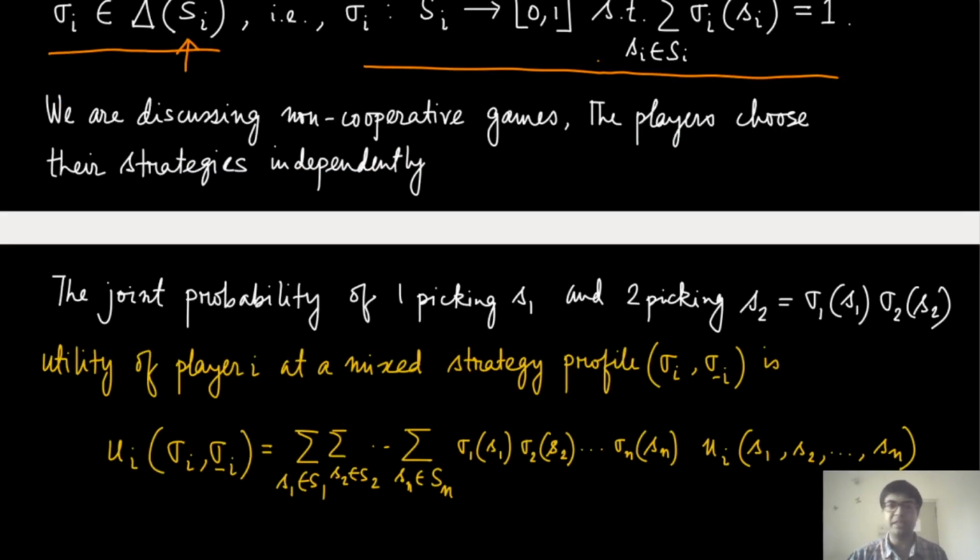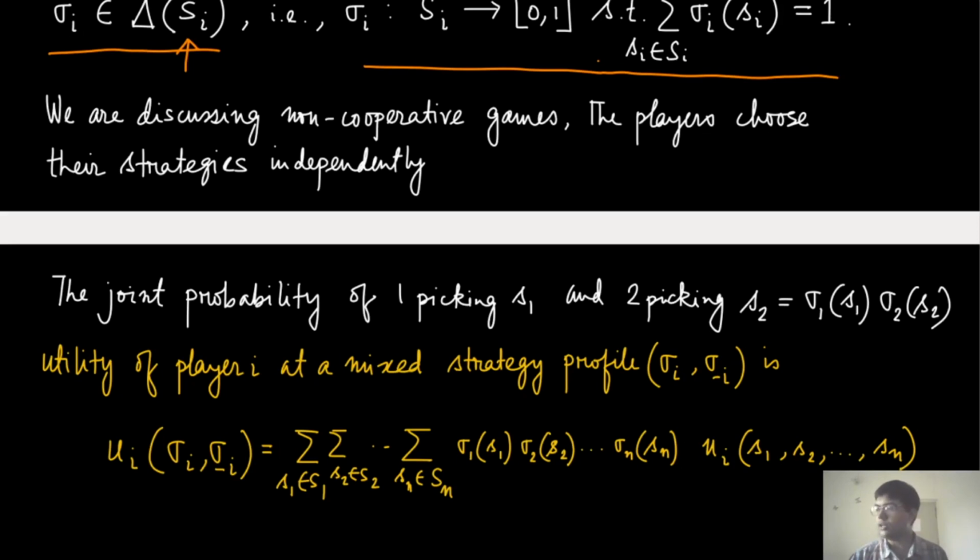What that means in the context of mixed strategy is the joint probability, when you are looking at the joint outcome, because all our final guarantees will be with respect to the joint outcome. So player 1 chooses some strategy, player 2 chooses some strategy, and when both of them choose a particular strategy, we are going to talk about what will be the utility of player 1 or player 2.